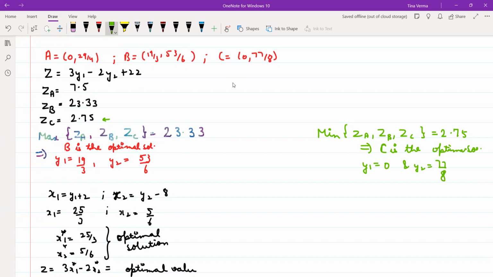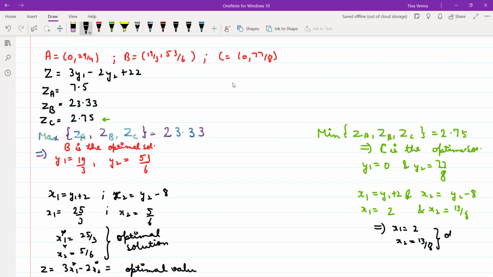So we cannot end over here because X1 was Y1 plus 2 and X2 was Y2 minus 8. So you will get X1 as 2 and X2 as 13/8. Which indicates that X1 equal to 2 and X2 equal to 13/8 is the optimal solution in case of your minimization problem.